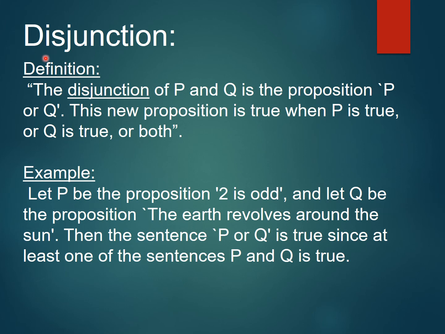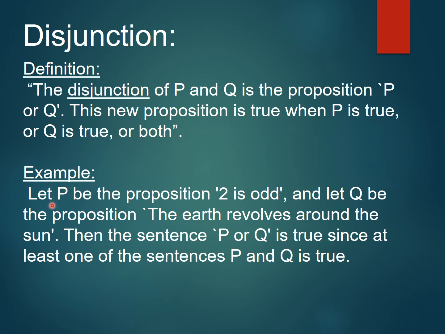Now next is disjunction. The disjunction of P and Q is the proposition P or Q. The disjunction is represented by P or Q. This new proposition is true when P is true or Q is true, or both. Its answer will be true if either P is true or Q is true, or both are true.